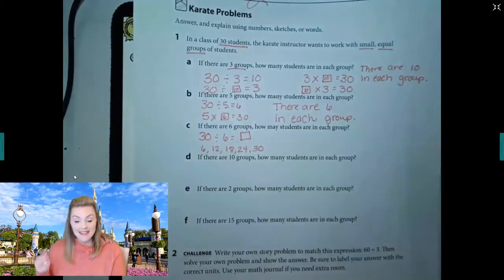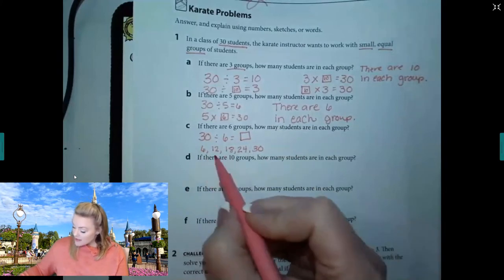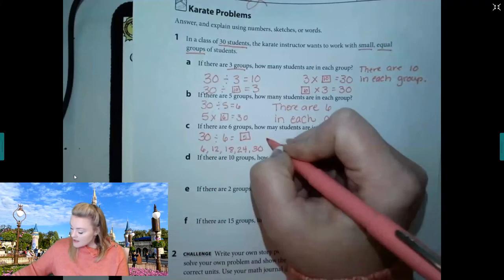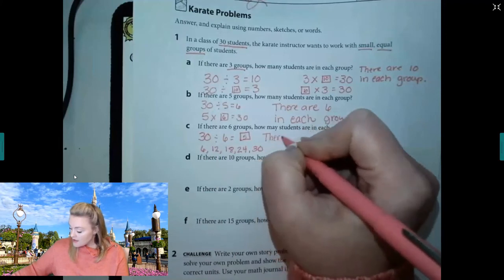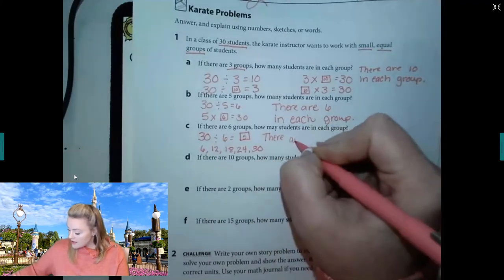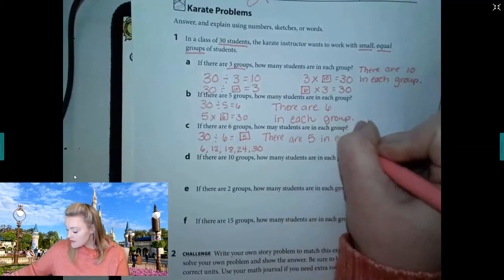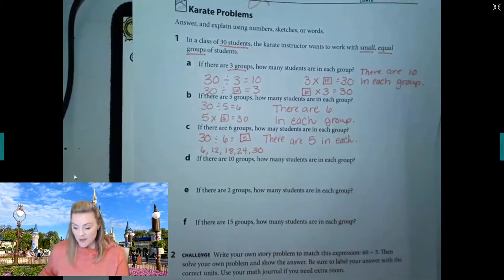So how many times did we count by 6? 1, 2, 3, 4, 5. 5 times. So there are 5 in each group. I'm just going to write in each. Alrighty.